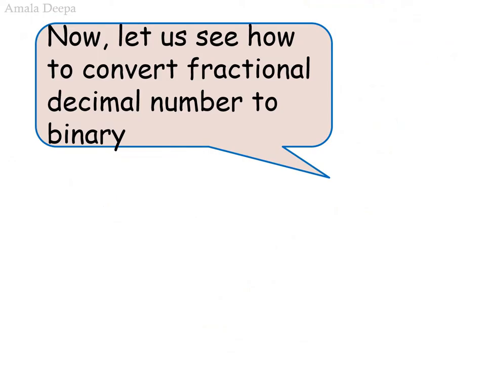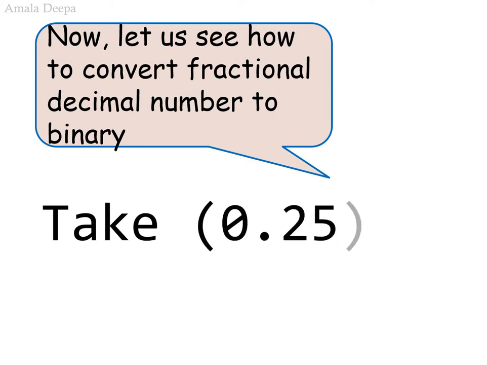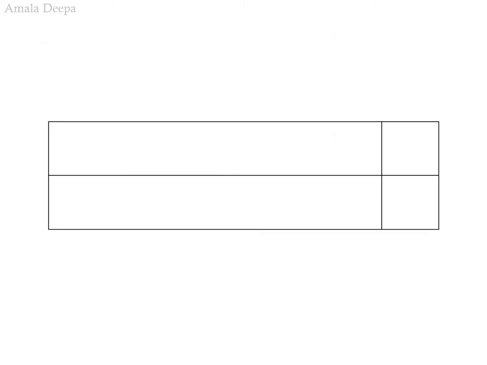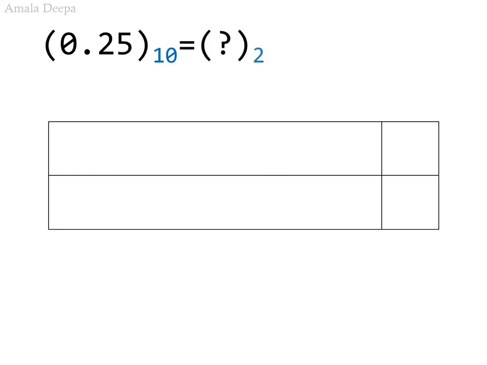Now let us see how to convert a fractional decimal number to binary. Take a fractional number 0.25 base 10. Let us see the procedure. Take 0.25 and multiply by 2 to get 0.5.